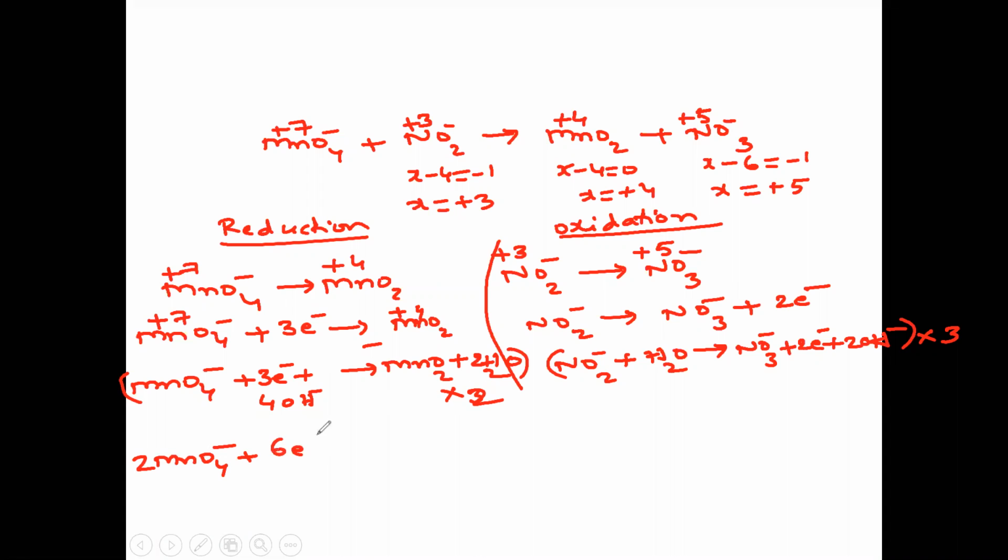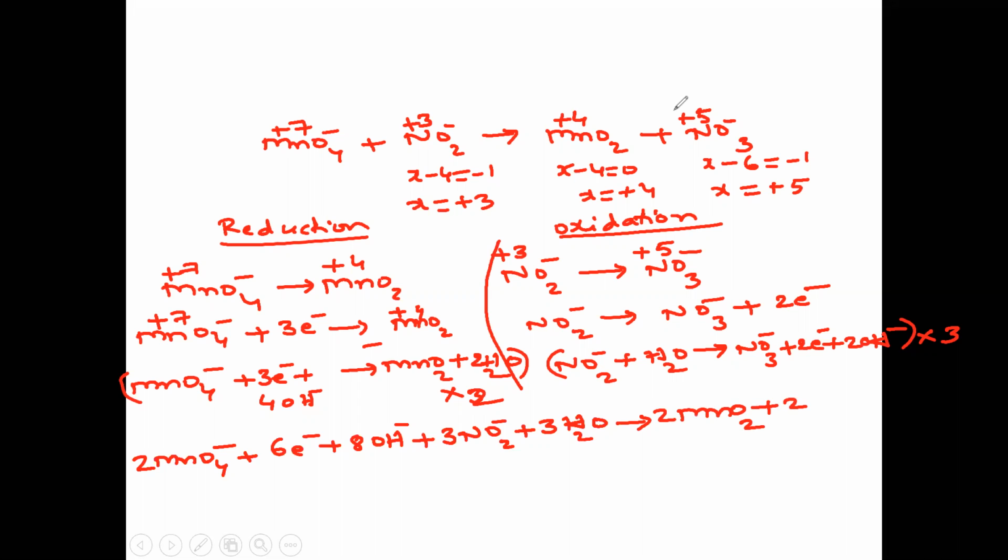Plus 6 electrons plus 8 OH minus, on the reactant side I'm writing, plus 3 NO2 minus plus 3 H2O gives rise to 2 MnO2.